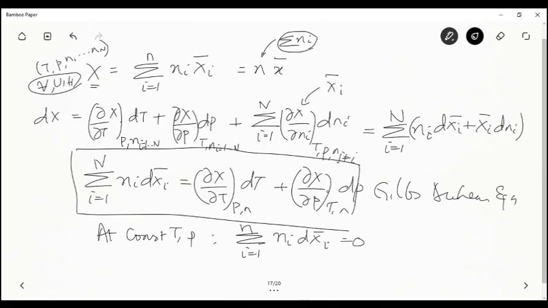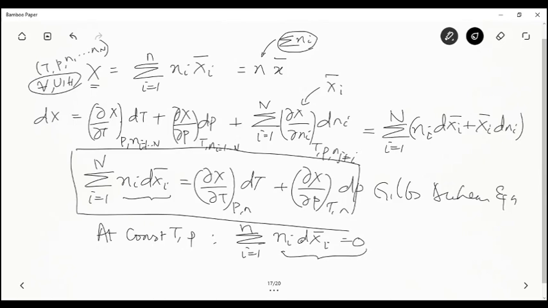Now when temperature and pressure are kept constant, these two go off, and you get summation of ni dxi. So you get ni dvi bar is 0, ni dgi bar is 0, ni dui bar is 0, ni dhi bar is 0. This is a more general expression: ni dxi bar is 0.